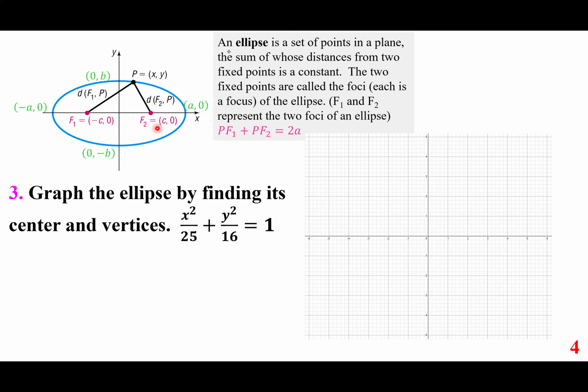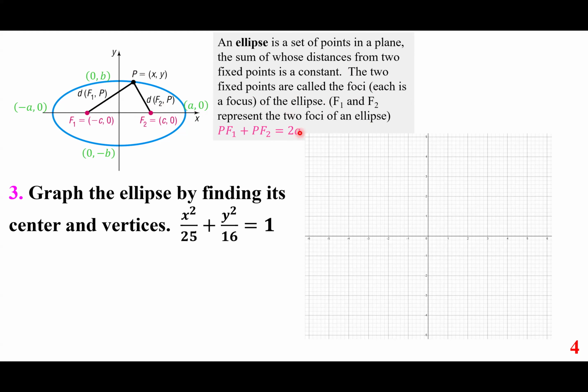An ellipse is a set of points in a plane, the sum of whose distances from two fixed points is a constant. So any point, for example, P, from the two fixed points. The two fixed points are called foci, each is a focus of the ellipse, F1 and F2.